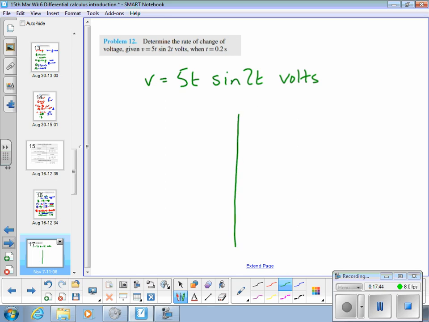What are we going to let u equal? Let u equal 5t, yeah. Let v equal sine 2t.